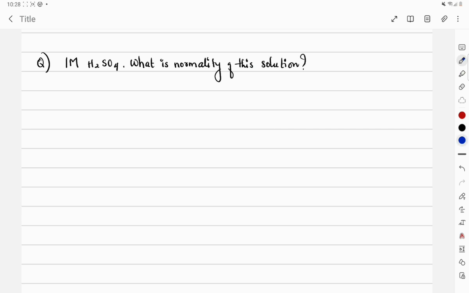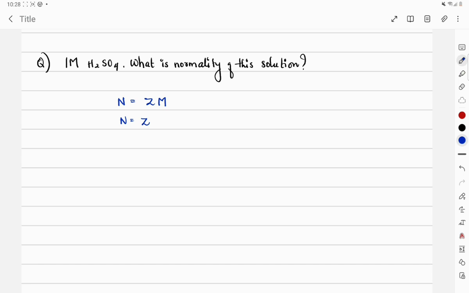I'm asked to find normality given molarity. I know the relation connecting them, N is equal to Z times M. And what is the value of molarity? It is 1. So N will be equal to Z. Whatever is the valence factor value, that will be equal to normality.